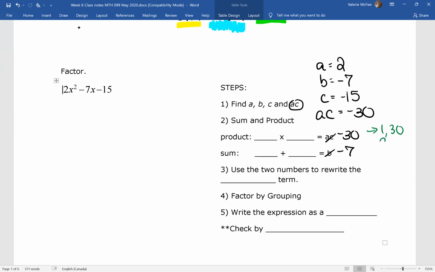So we have 1 and 30, 2 and 15, 3 and 10, 5 and 6. Always list those factors in pairs, list them in order, that way we're not going to leave any numbers out. I hope you can see that if we subtract, 3 and 10 will give us negative 7.